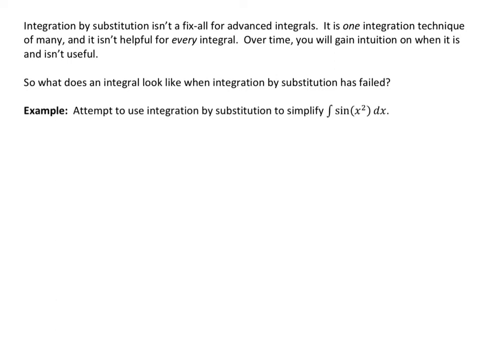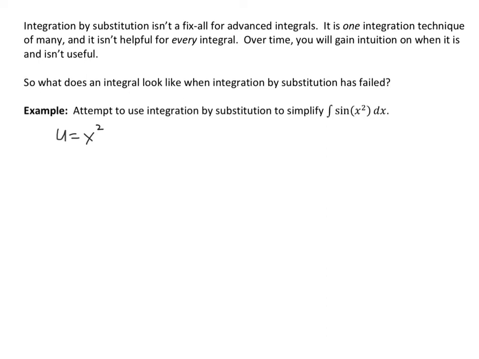So in this example, I want us to attempt to use integration by substitution to simplify this integral. Just looking at this one and based on the lesson that we had previously, what do you expect that we would want to try and use as our substitution? The only thing that seems to make any sense at all here is that we could try using u being x squared.